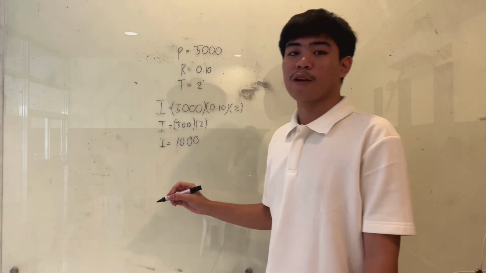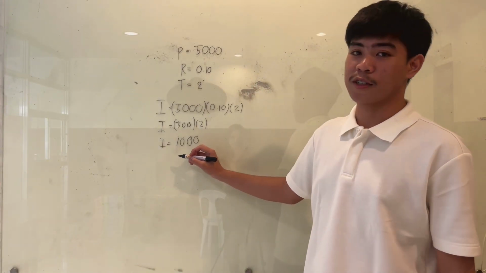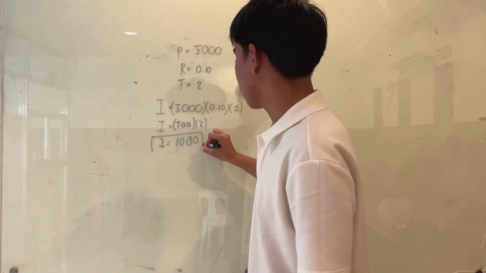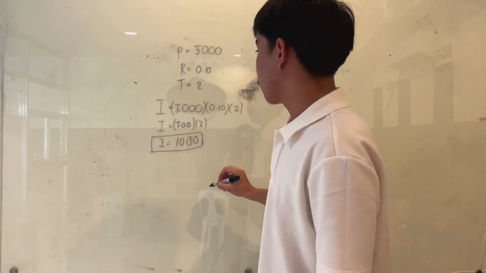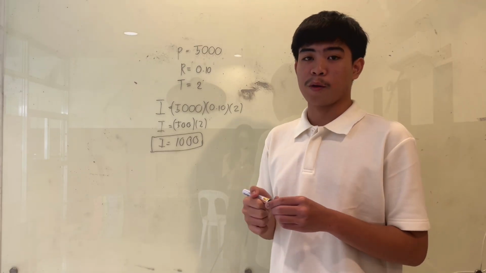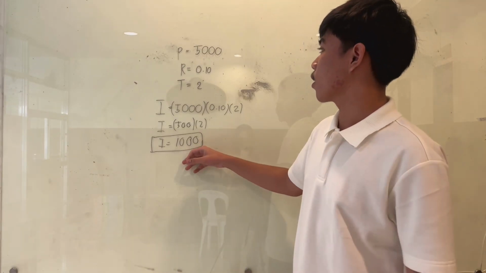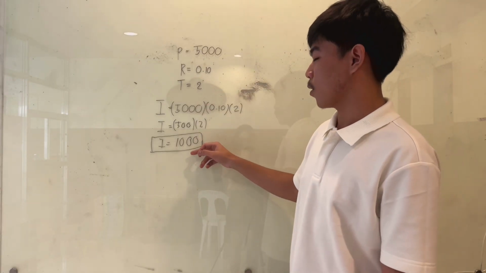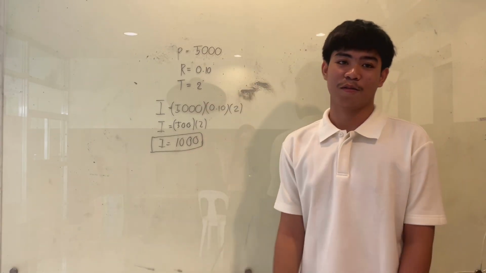This means that 1,000 will be added as interest in Gian's borrowing money from the bank. Therefore, Gian will pay 6,000 total, since we added 1,000 to the principal, which is 5,000, and 5,000 plus 1,000 is 6,000.